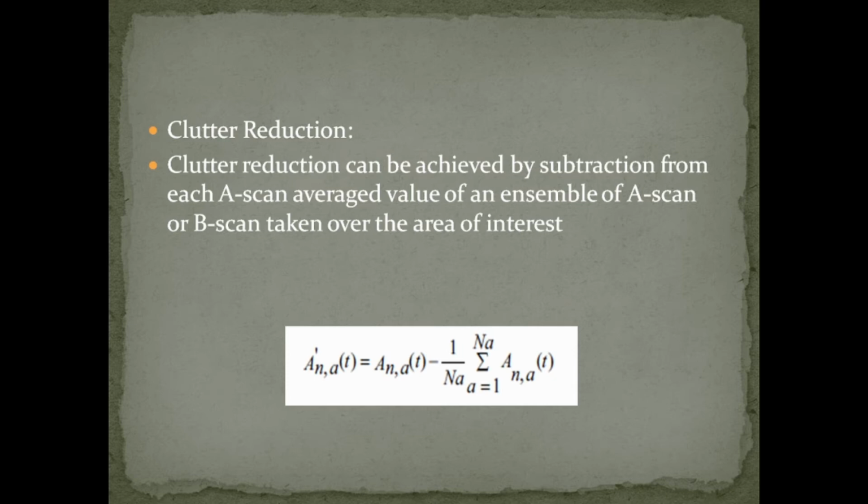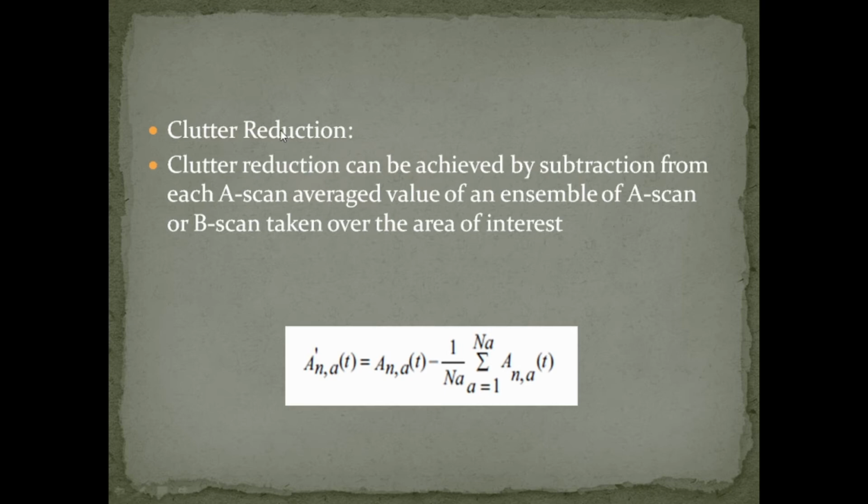So what is clutter reduction? Basically, clutter reduction from the average value of A-scan or B-scan, we can achieve it by subtracting the average A-scan value or B-scan value from the total of A-scan and B-scan values, which can be taken as per the area of interest.